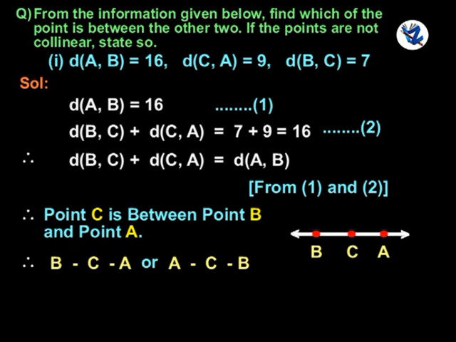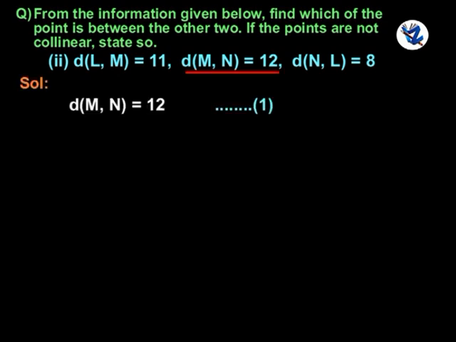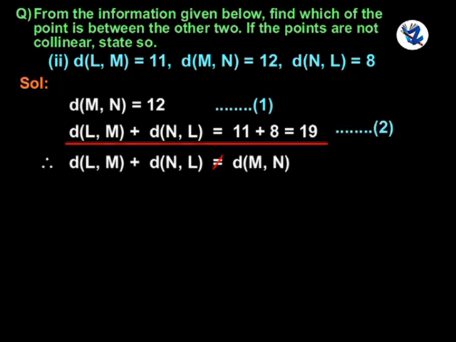Next is distance LM is equal to 11, distance MN is equal to 12, distance NL is equal to 8. Here, distance MN is equal to 12, 1. Distance LM plus distance NL is equal to 11 plus 8, that is equal to 19, 2.